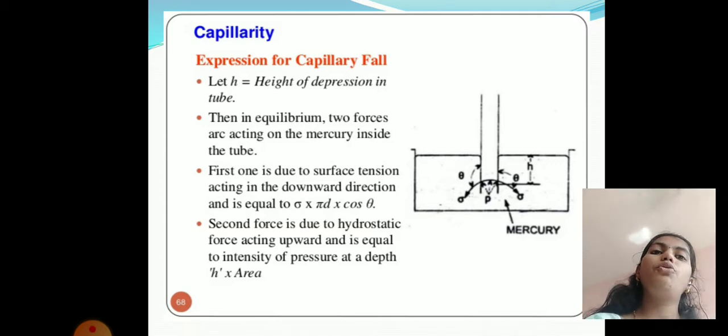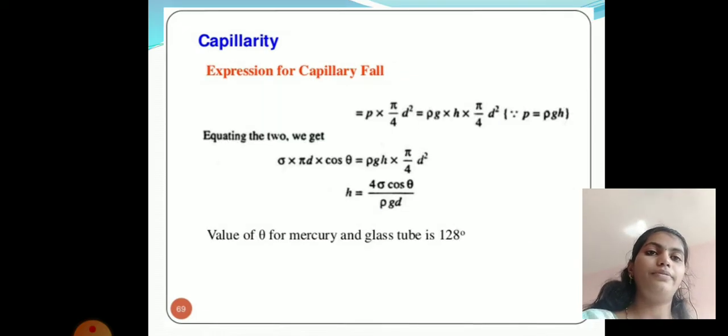In equilibrium, two forces are acting on the mercury inside. First, the force due to surface tension acting in the downward direction, equal to sigma into pi into diameter into cos theta. Second, the force due to hydrostatic pressure acting upward, equal to intensity of pressure, depth H, into area.